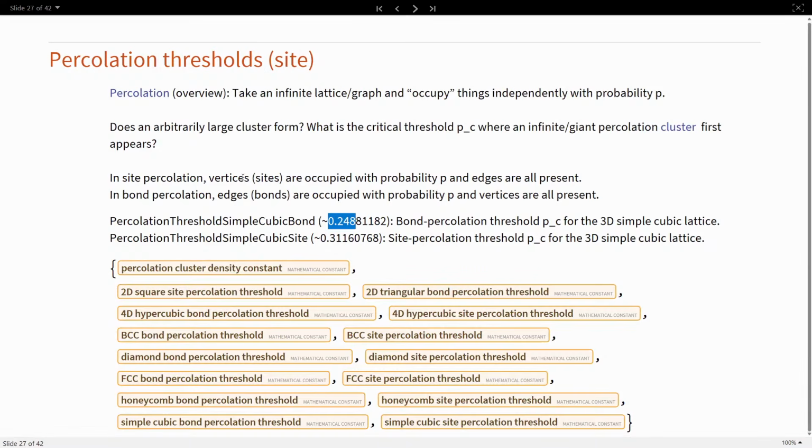And if the vertices are the ones being randomly filled in, all edges are present, but the vertices are not, you get the cubic site percolation probability. At this probability and higher, you'll get infinite sizes, and at that probability and lower, you will not, usually.